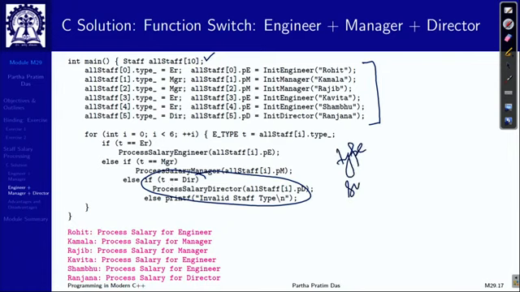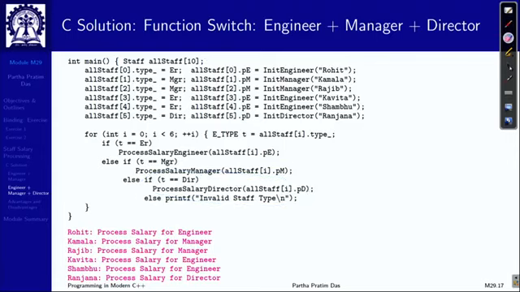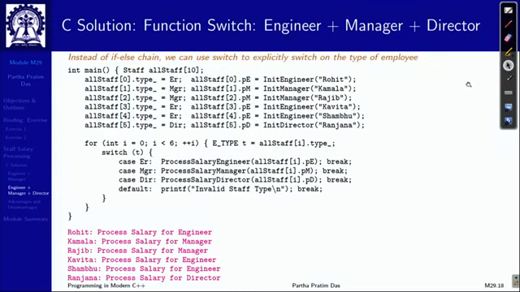This is my type switch or my function switch, because now I have a new type of object, the director object, requiring a new type of processing function. So, the changes that we had to do earlier and in this one, and then this design now works for engineer, manager and director.